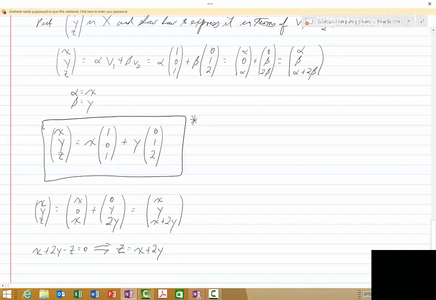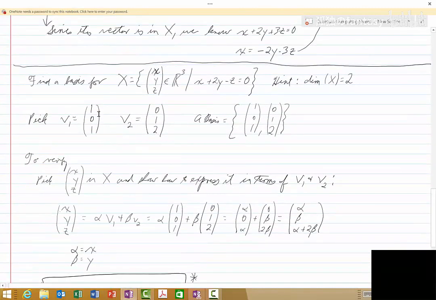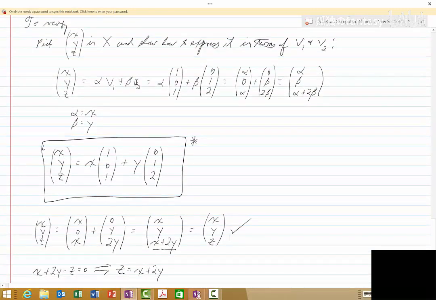And there we have it, because here is x plus 2y, and so indeed this is equal to x, y, z. And so any arbitrary vector x, y, z in the space X can be expressed in this way in terms of our vectors v1 and v2. And furthermore, neither v1 nor v2 can be expressed as a multiple of the other. So v1 and v2 do constitute a basis for this space X. And that's it.